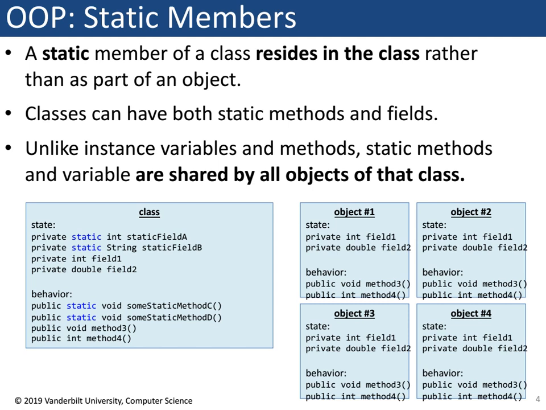When we are dealing with an instance variable or an instance method, we said that each instance of the object, so S1 is an instance of student, S2 is an instance of student, S1 and S2 each have their own copies of age, name, GPA, and they each have their own copies of getGPA, setGPA, and the rest of the instance methods.